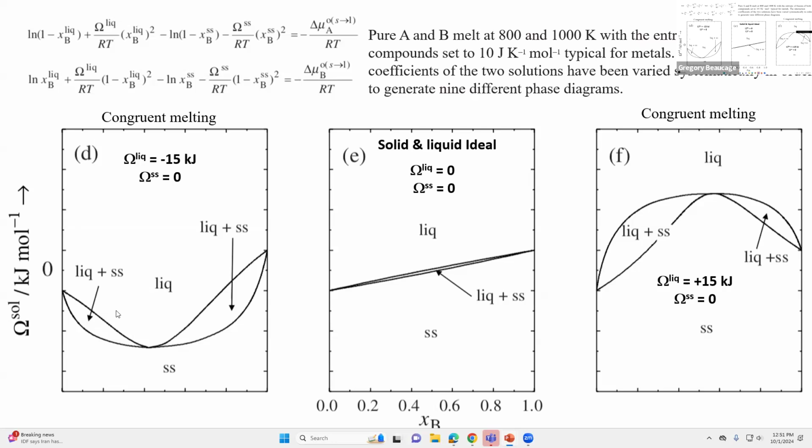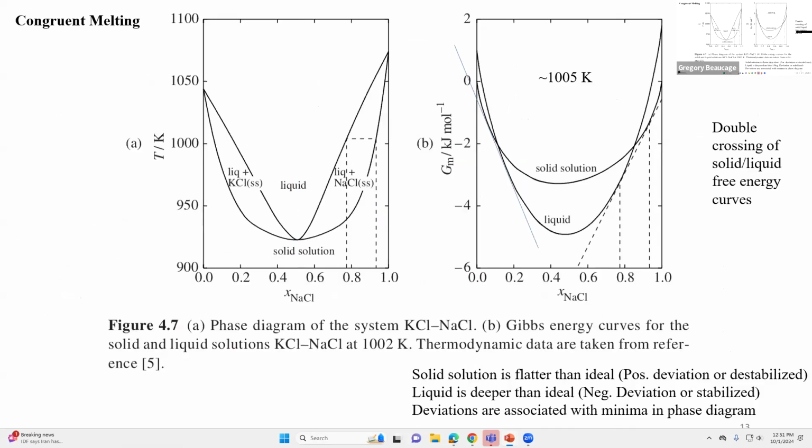So when the liquid's more stable, which we saw before, then the Gibbs free energy dips down further. That's the thing we saw. So the liquid free energy dips way down in the middle because omega is negative. And when it dips way down, you get this crossing point where the solid is stable and the liquid is stable.